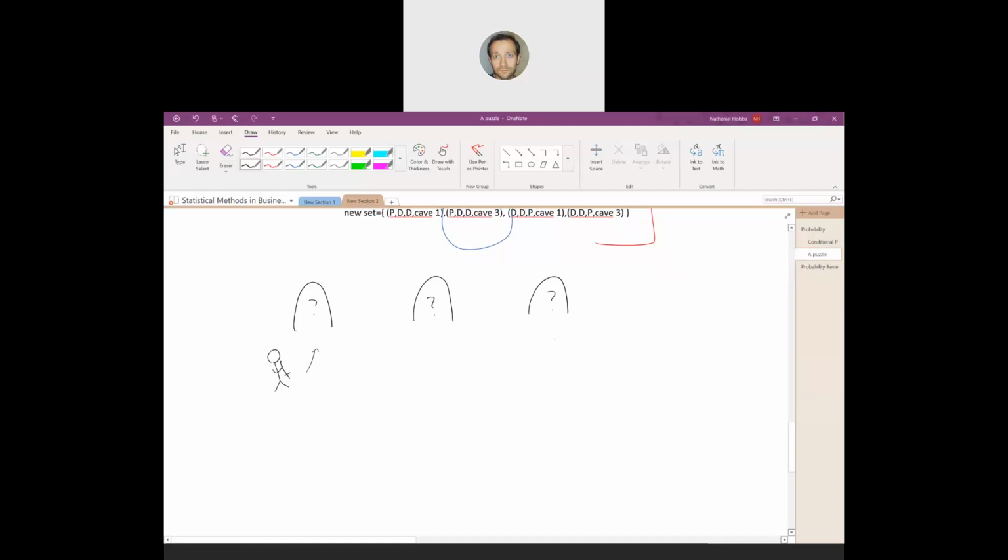He has not met the wizard yet. What's the probability that the prince finds the princess? This is the same as before. One-third. Great.